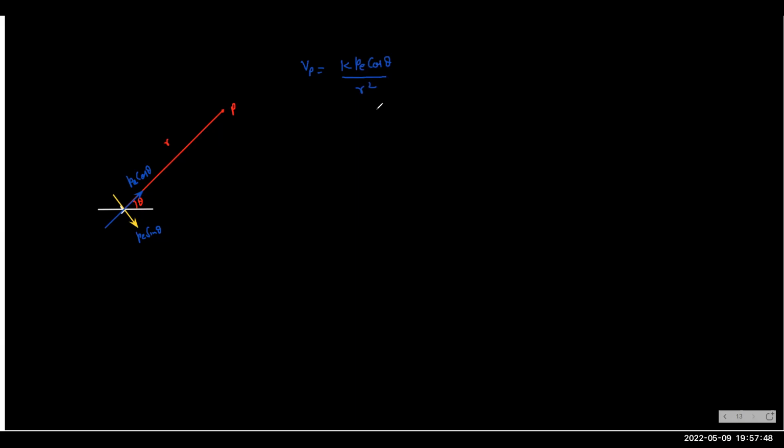And therefore V_P turns out to be K P vector dot R vector upon R cubed, something like this. You can also write it like this, in vector notation.